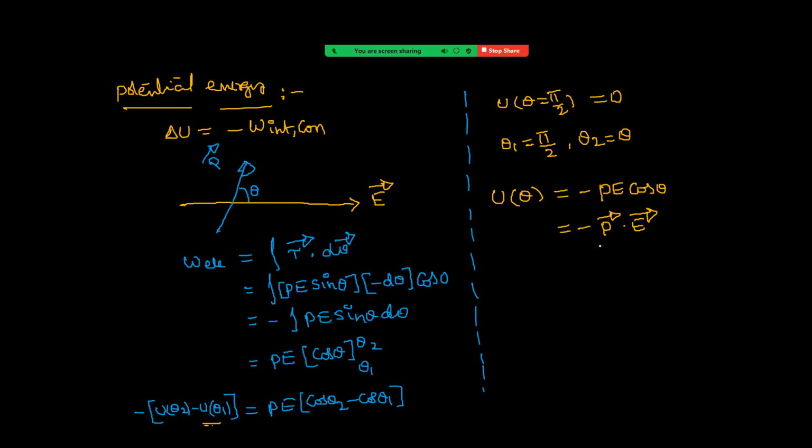That means if theta equal to 0, potential energy is minimum, and that is known as stable equilibrium position. If theta is 180, that means P bar is opposite to E bar, then potential energy is maximum. That is what we call unstable equilibrium.